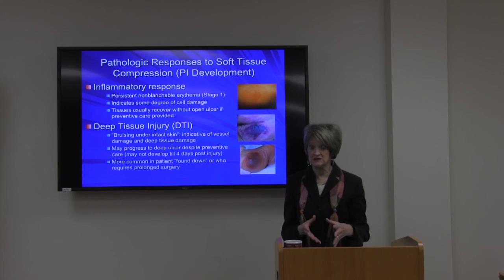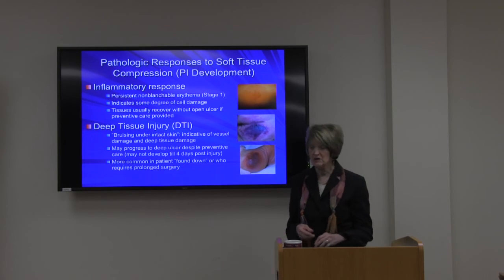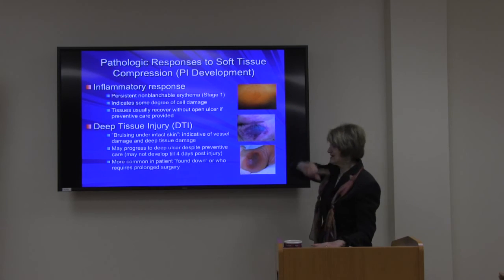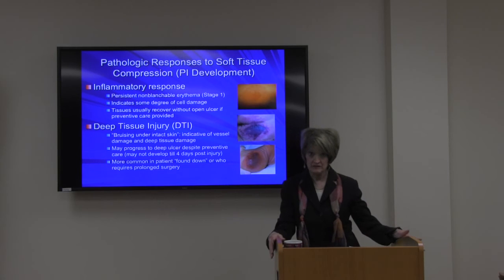All of our data today indicate that most of the time, if we intervene promptly and effectively, the tissues will recover without progressing to frank ulceration, to an open wound. So when I see this, what the staff is going to ask me is, what should I put on it?